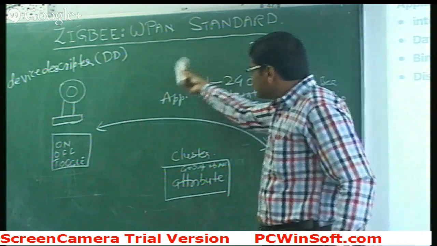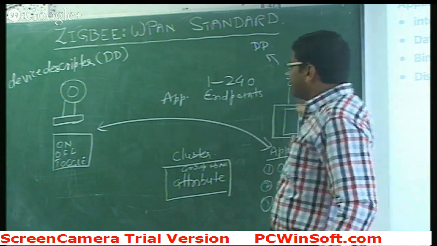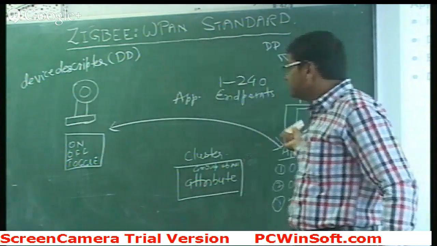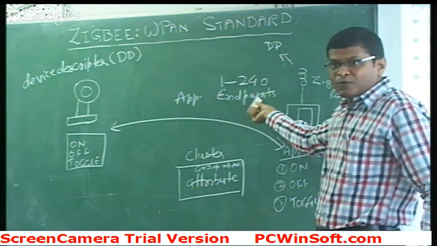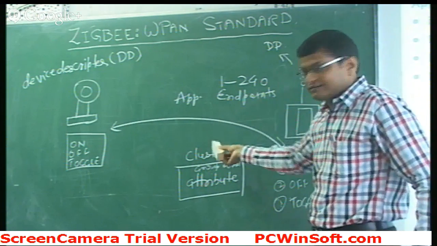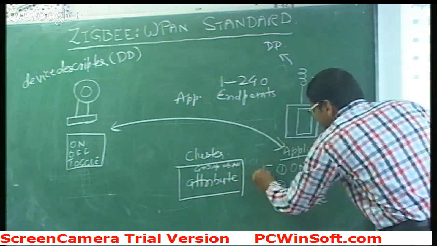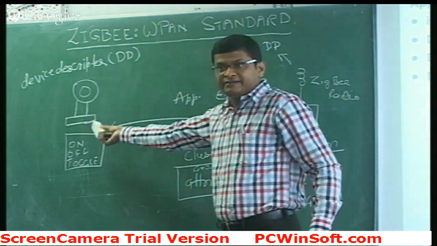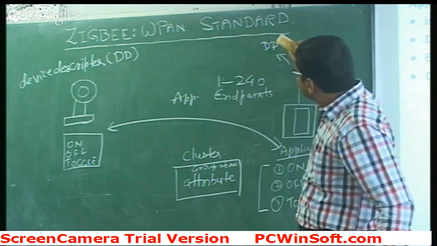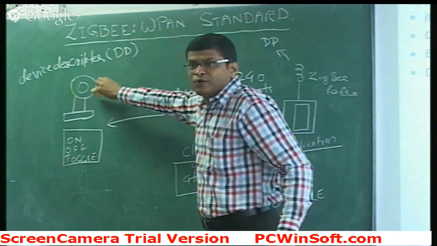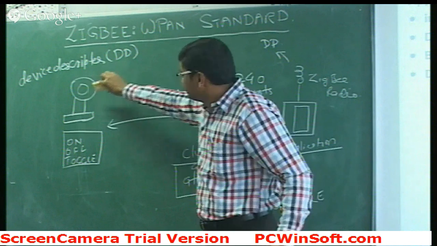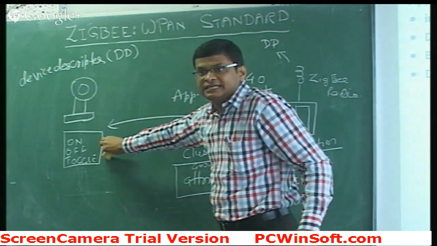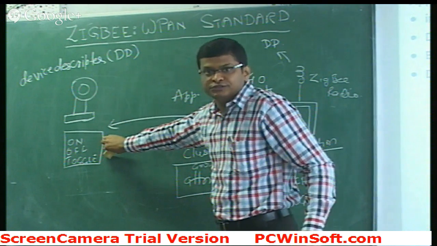Now for any meaningful communication between these two, the application endpoint with a cluster referring to these things has to be bound with the application endpoint at the line end with both these receiving attributes.